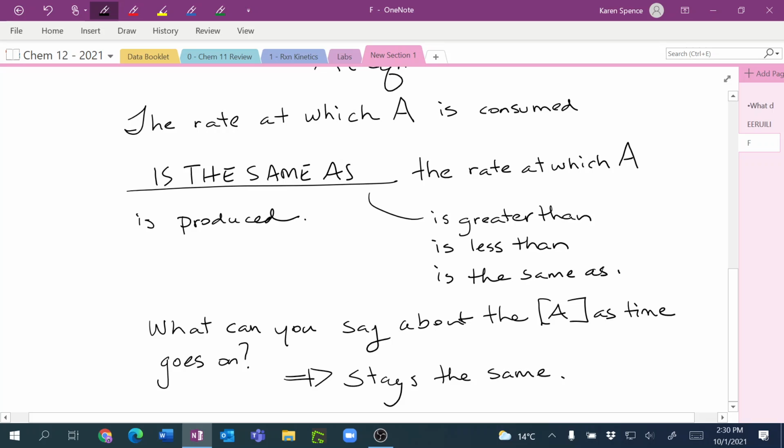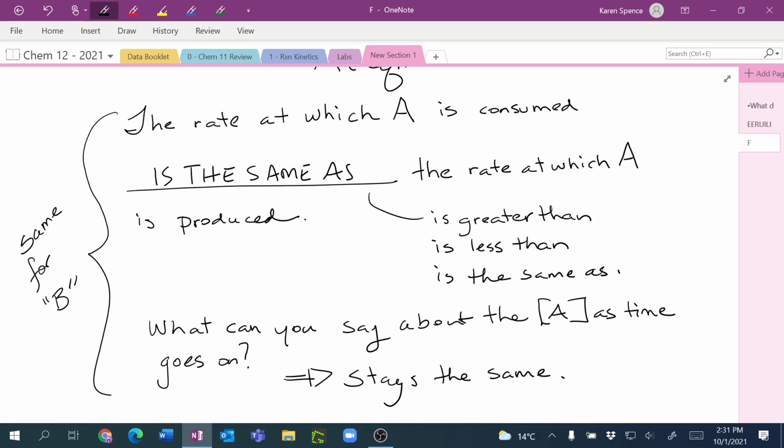Could we make the same argument in regards to B? Yes? We're good with that? Okay. These guys over here are just answering all my questions. Do you guys over here feel good with that? Okay, same argument for B. So although the concentration of A and the concentration of B aren't equal, they remain constant.